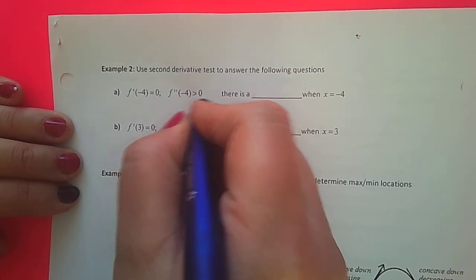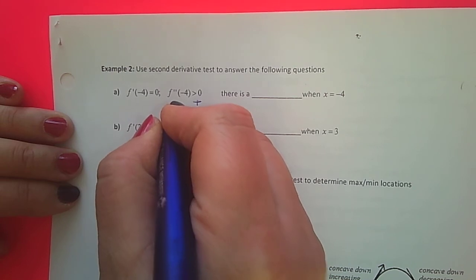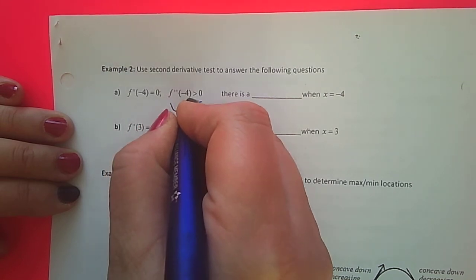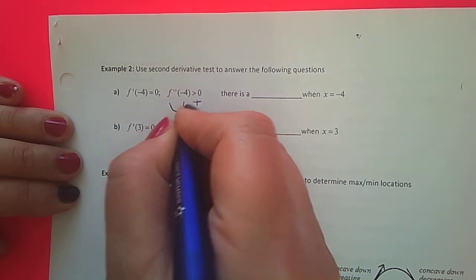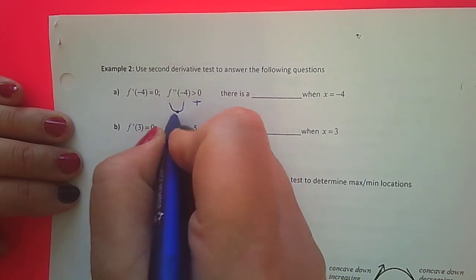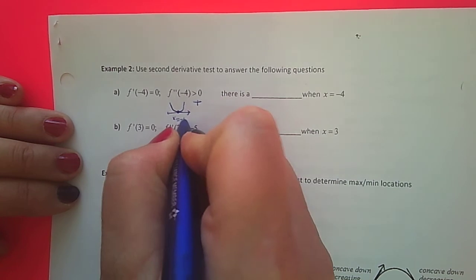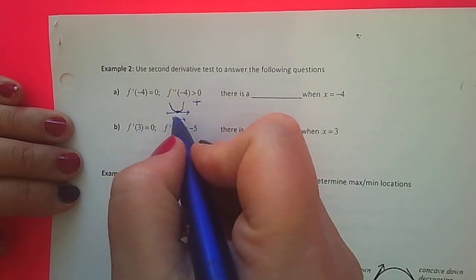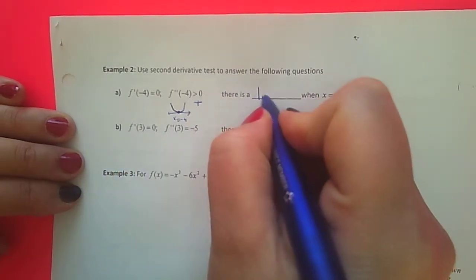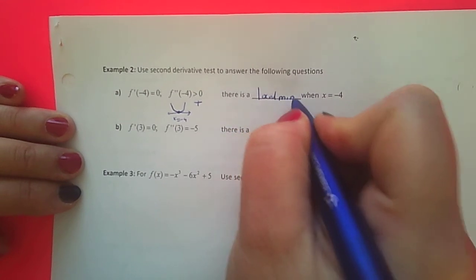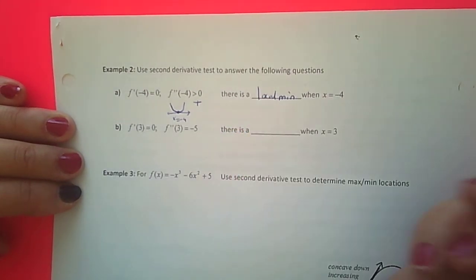So positive means the original function is concave up. So if we have a horizontal tangent there, then that point when x is equal to negative 4 must be a local minimum. So there is a local minimum when x is equal to negative 4.